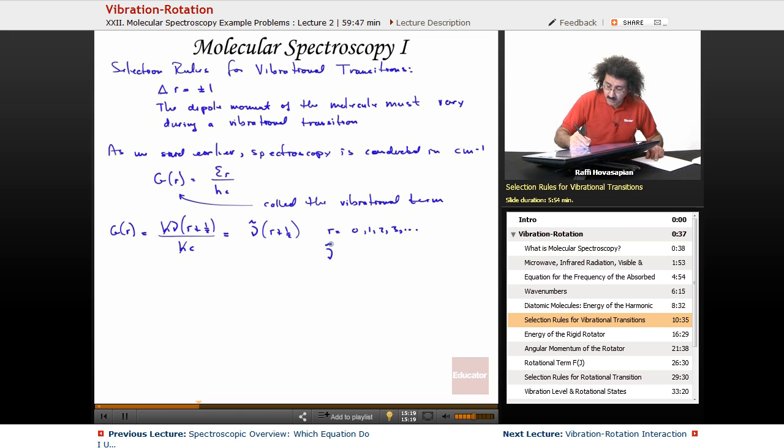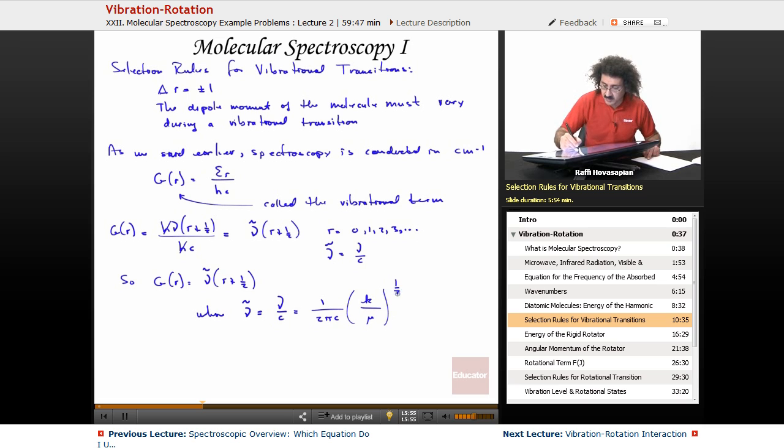So G of v is equal to nu tilde, the fundamental vibration frequency expressed in wave numbers, times v plus 1/2, where nu tilde is equal to nu over c, which is equal to 1 over 2 pi c times the square root of k over mu. That's it. It's just a little bit of mathematical manipulation.